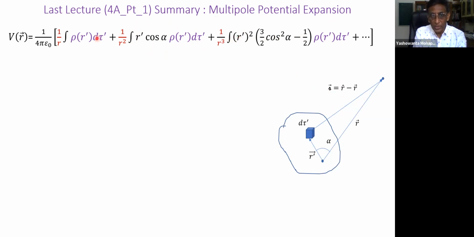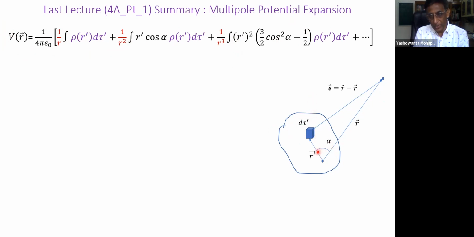Everything inside the integral is written in terms of source coordinates, and outside, in red, that is our dominant distance, the field coordinate from the origin. So this 1 by r square and 1 by r cube are the field coordinates, whereas r prime inside the integral is all source coordinate.